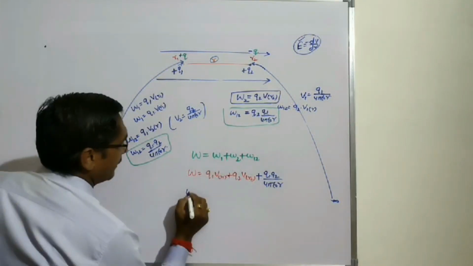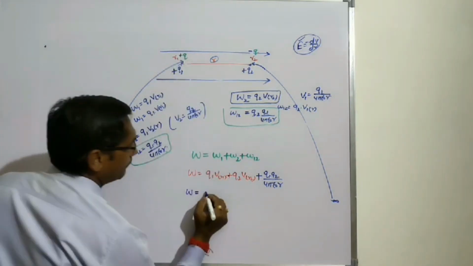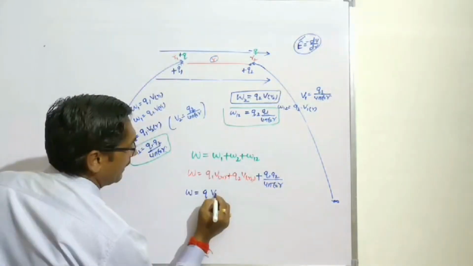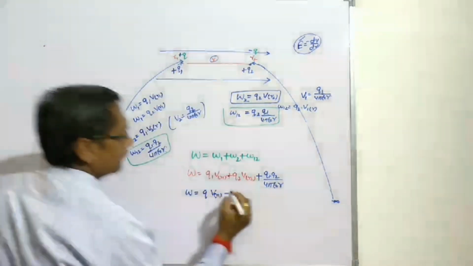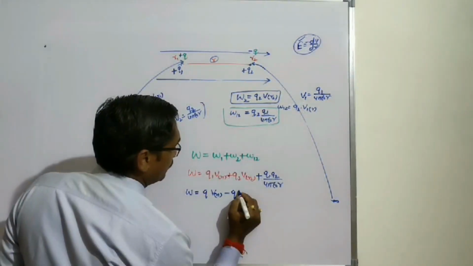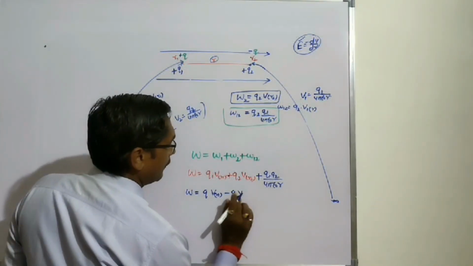So we get W equals Q1 positive, Q1 is plus Q, V(R1), minus Q2 is negative, Q V(R2).